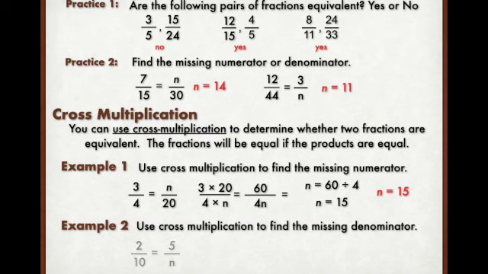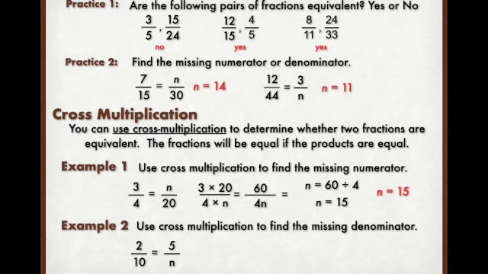So we'll do some practice on this in class on Monday before the textbook work if you have any questions about this. But let's do cross multiplication for this one. So I do 10 times 5 is 50, and 2 times n, so 50 equals 2n. Now I have to divide the 2n by 2 because I want n by itself.